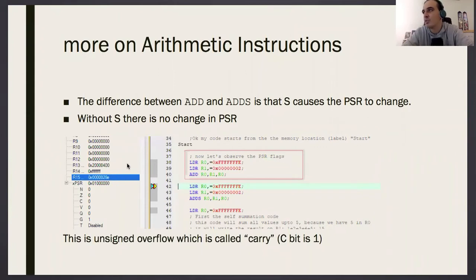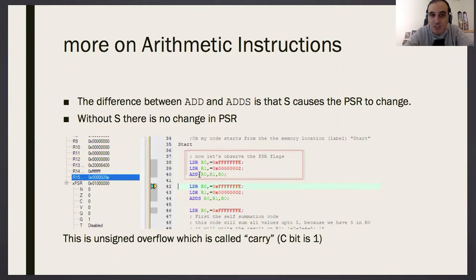Good. So guys, the difference between ADD and ADDS is that S causes PSR to change. You already know this. You definitely have a clear idea of what S is for. Without S, there is no change in PSR. Actually, there is a nice code here showing you with LDR now. This is -2 and +2. When you do this with ADD, at this point, if I'm at this line, I've executed this one. I'm adding -2 to +2, and the result is 0, guys.